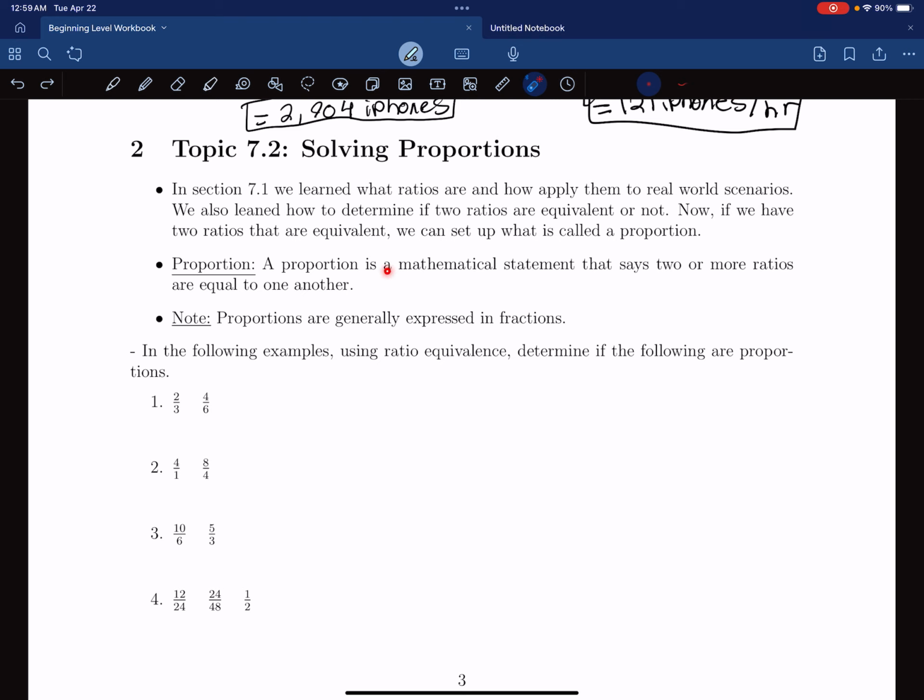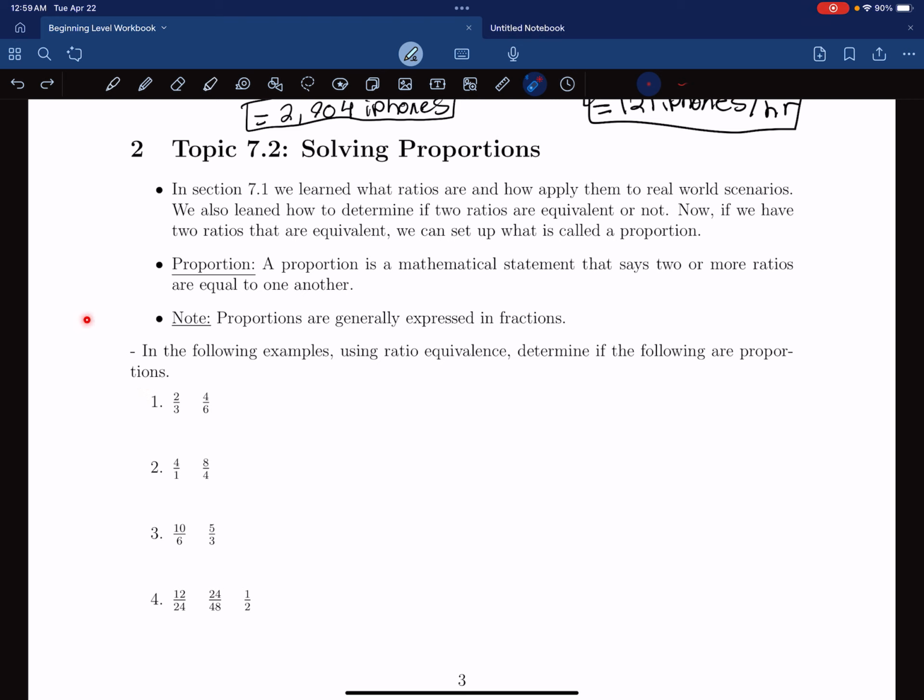So a proportion is a mathematical statement or equation that says two or more ratios are equal to one another. Now, one thing just to note is that proportions are generally expressed in fractions. So in the following examples, using ratio equivalence, determine if the following are proportions.